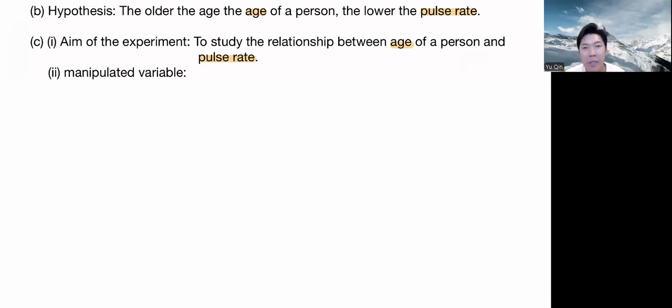That means this method will be the same for all experiments in future, Form 4, Form 5. With all experiments combined, this is how you do it, the same method. So manipulated will be H, or the question could be changed to the factor that is changing. Then it's H. Just a different way of asking.